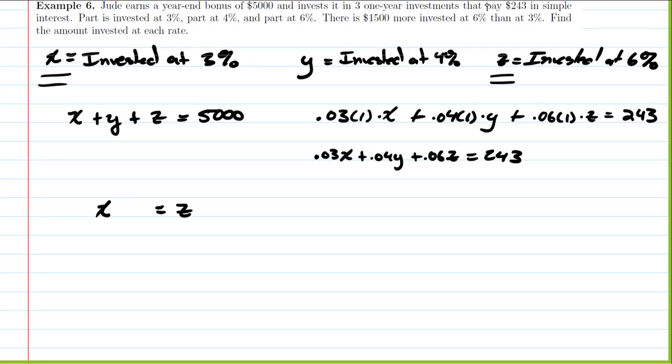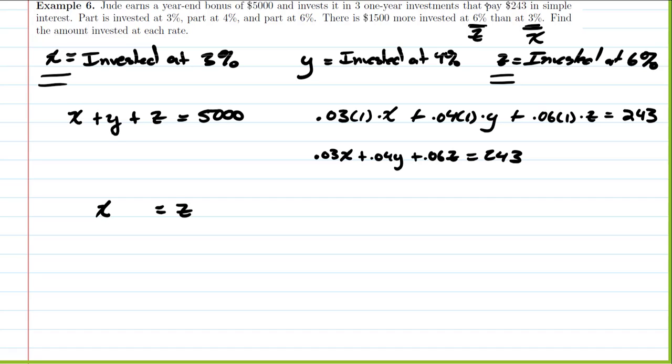So which is bigger, x or z? Because there's 1,500 more invested at 6%, that's our z, than at 3%, that's our x. Z is bigger, right? Because there's more money invested at 6%.